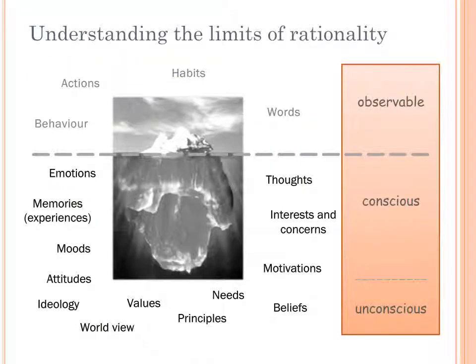I present this diagram because it says to me that yes, we are rational people, we can reason, and that's of value. We look at facts, we weigh them up. But there are also limits to rationality.